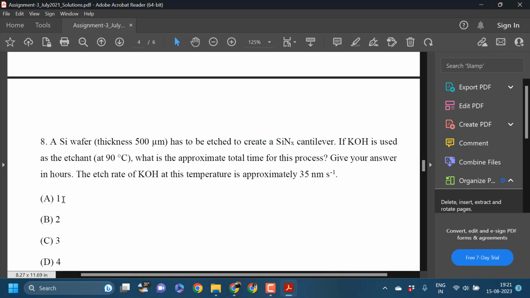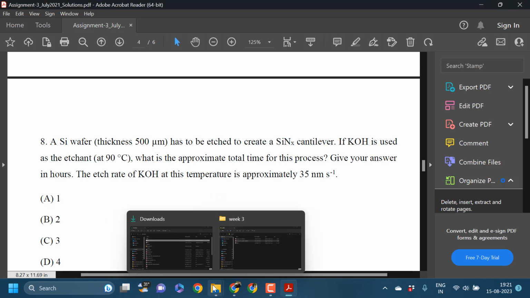Can people start solving? In the meantime, let me see if I can find an image of a cantilever.